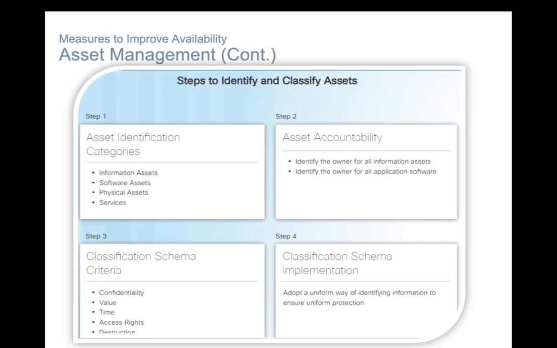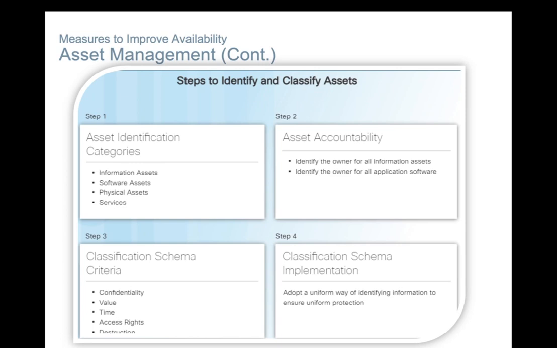Asset classification assigns all resources of an organization into a group based on common characteristics. An organization should apply an asset classification system to documents, data records, data files, and disks.